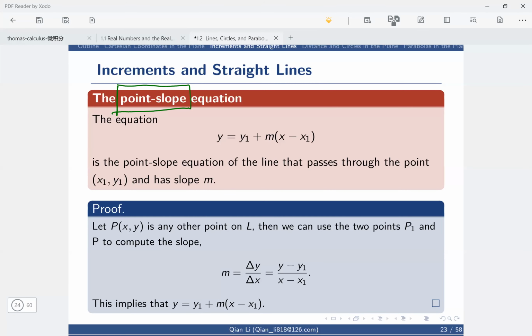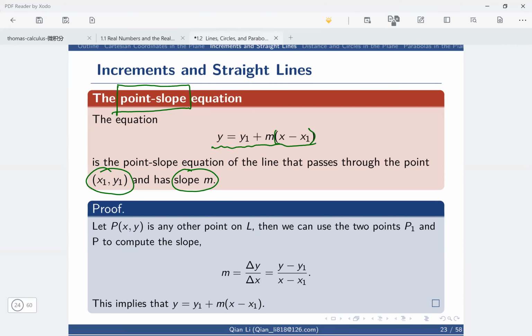It means we know some point on this line, and we know the slope of this line, and we can write the equation of this line. The equation is y equals y sub 1 plus m multiplied by x minus x sub 1, and this equation is the point-slope equation of the line.